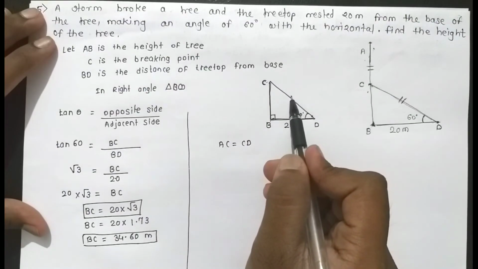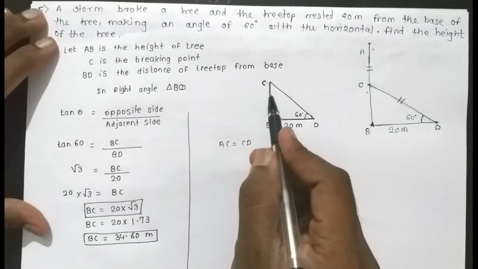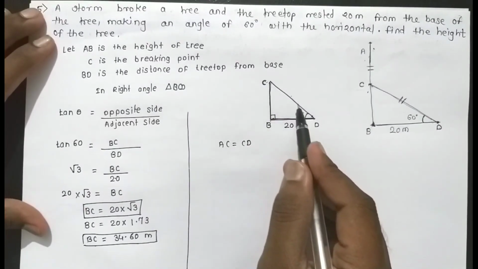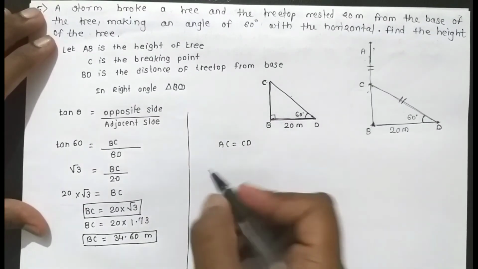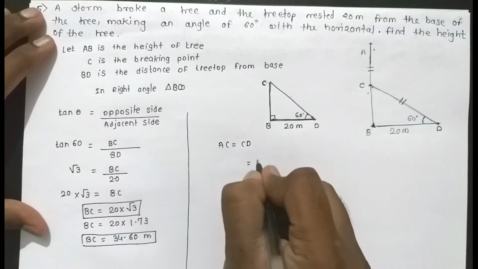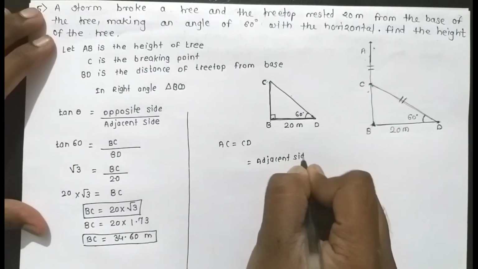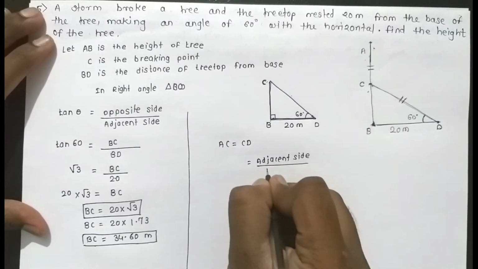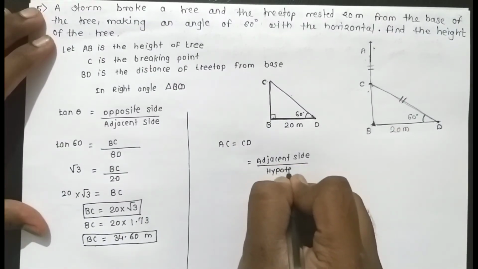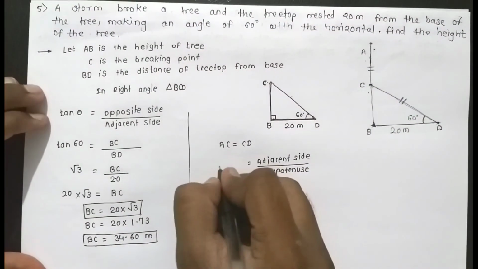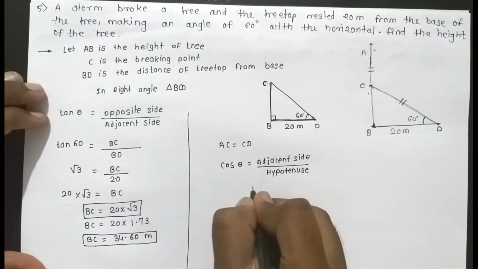So we find here hypotenuse. We know the adjacent side, and now we have to find hypotenuse. So we use adjacent side upon hypotenuse. Adjacent side upon hypotenuse is cos theta.